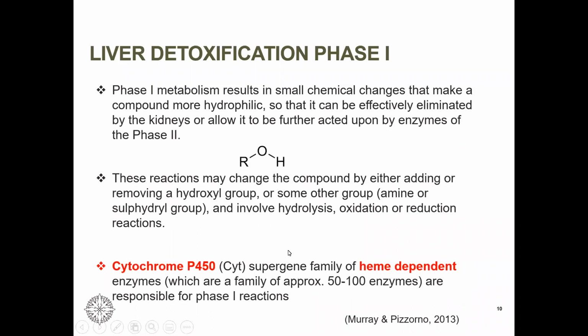So what's happening is that with the help of these iron-dependent cytochrome enzymes, phase 1 involves hydrolyzing the toxins, making them hydrophilic, so that they are easily excreted via the kidney, or they are taken up by phase 2 to be further converted into an excretable form.